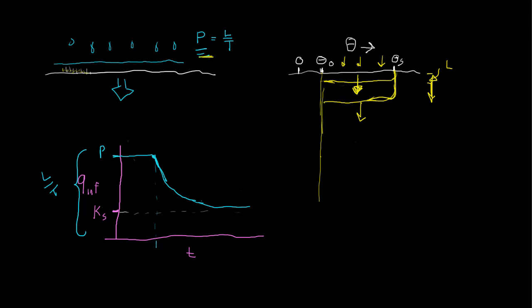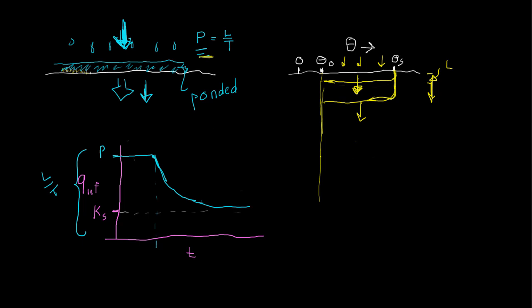The rate of infiltration, the downward rate, is too slow to keep up with the precipitation rate here. I'll make it a longer arrow. And so as a result, water is going to start accumulating on the surface, and we develop the conditions that we described before, where we have standing water on the surface, and this is the ponded infiltration condition that we described before.